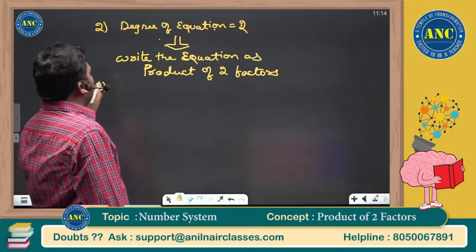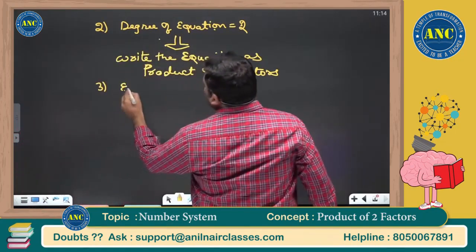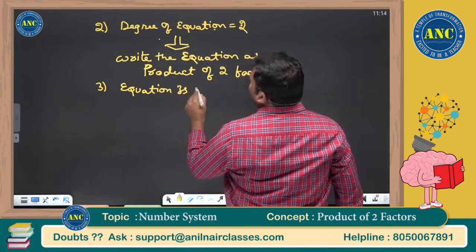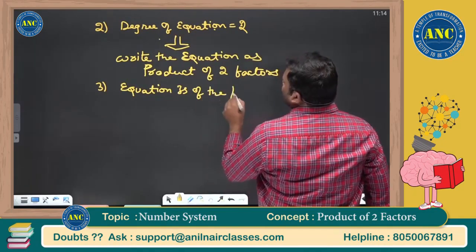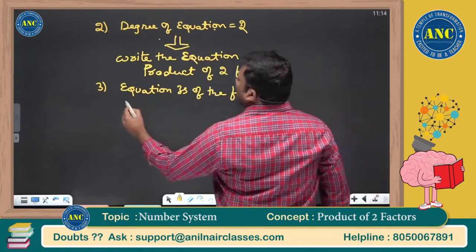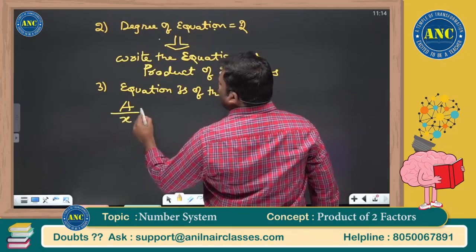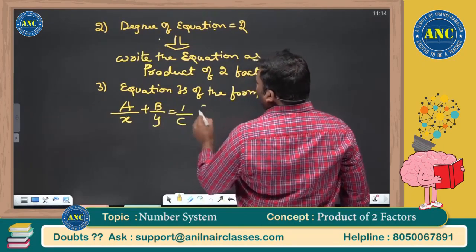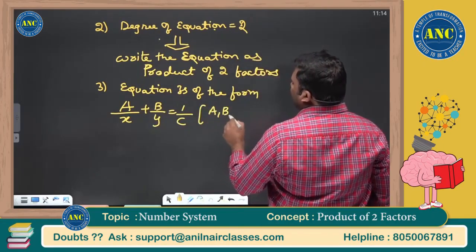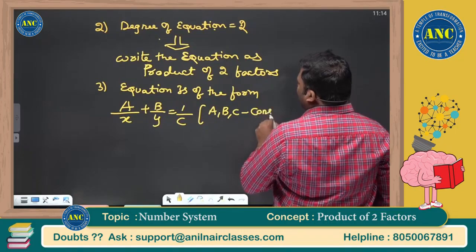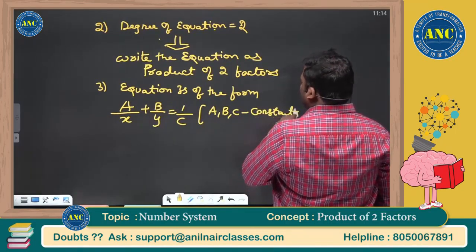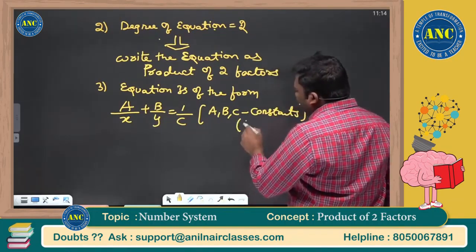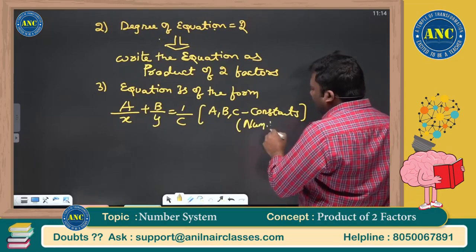Third important key point. Generally a good number of questions are given of the form a by x plus b by y equivalent to 1 by c, where a, b, c are constants, or in other words numerical values.